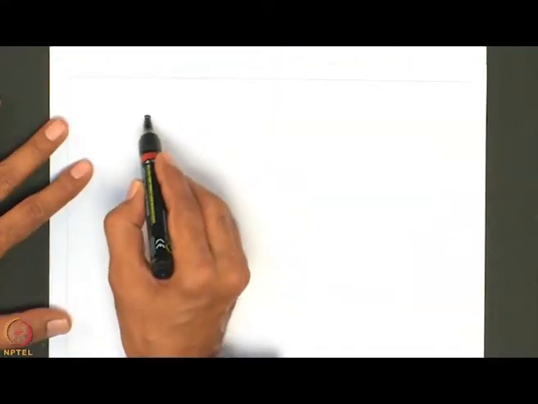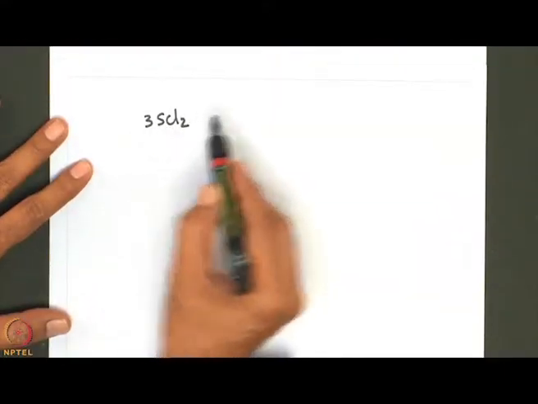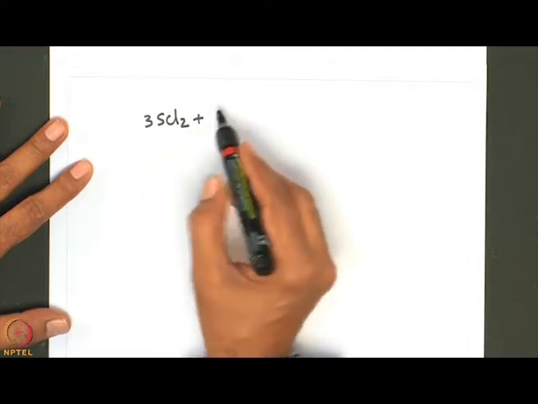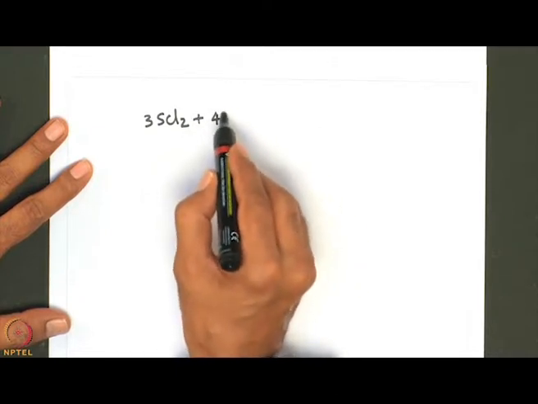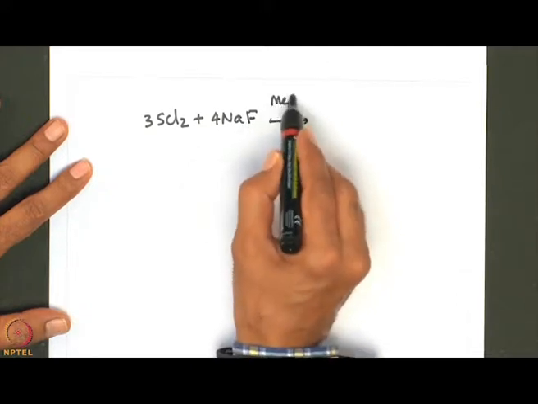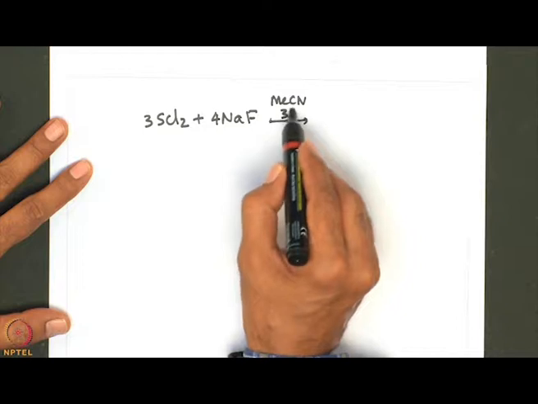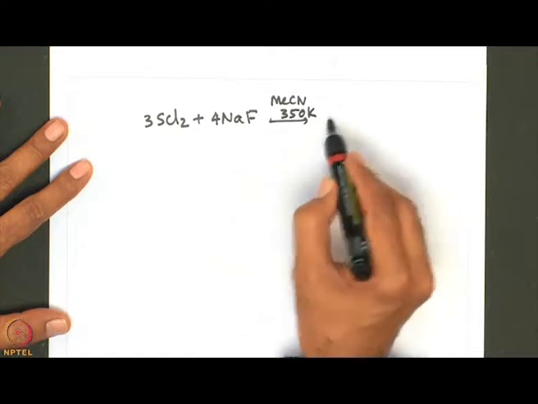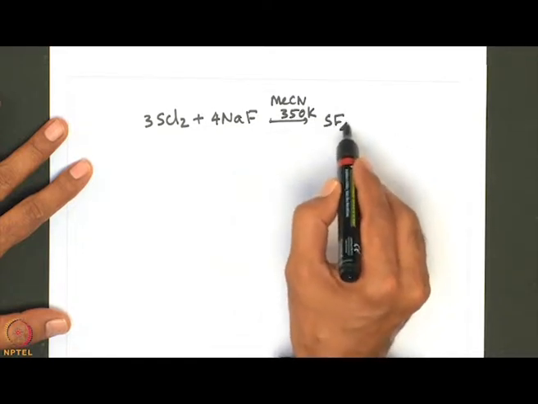The fluorides of sulfur such as SF4, S2F2 can be prepared from the reaction of SCl2 and HgF2 at elevated temperature. For example, sulfur chloride, when it is treated with fluorinating agents such as sodium fluoride in acetonitrile at 350 Kelvin, gives SF4.